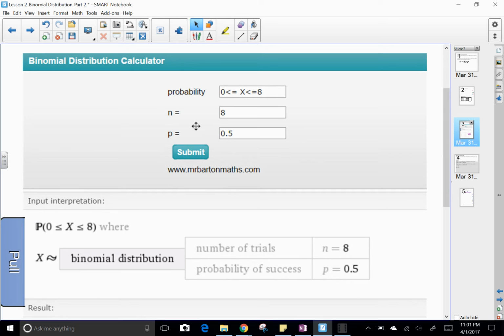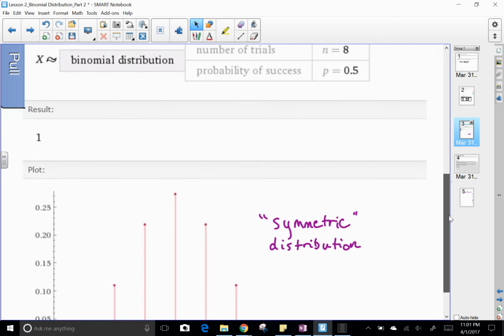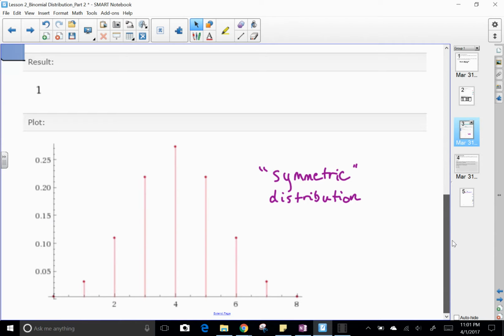You can see that we are defining a particular range of values, or number of successes, between 0 and 8. So the number of cases is 8 and the probability of success is 0.5. And the resulting graph looked rather nice, certainly with a success rate of 50% or 0.5. We ended up with a symmetric distribution.